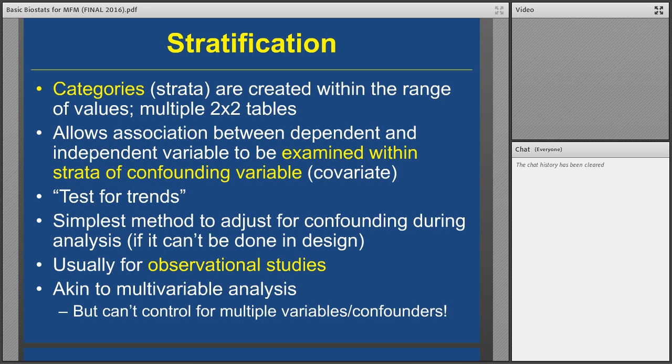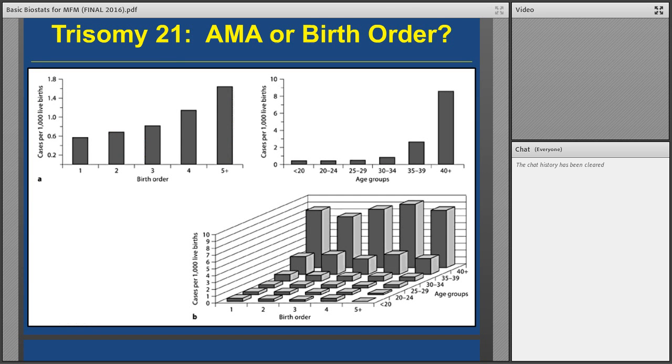So this would be something where you do a descriptive analysis, you see that there might be important covariates within your data set, and you want to test those covariates. So the relationship of trisomy 21 to advancing maternal age or birth order.